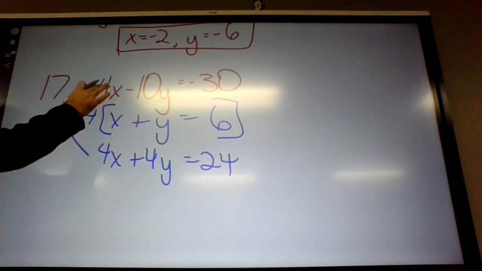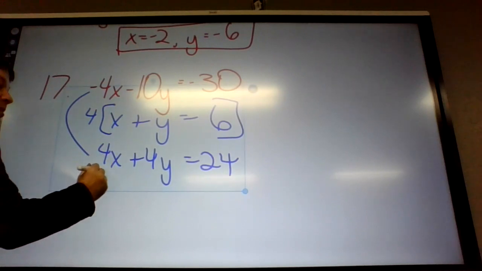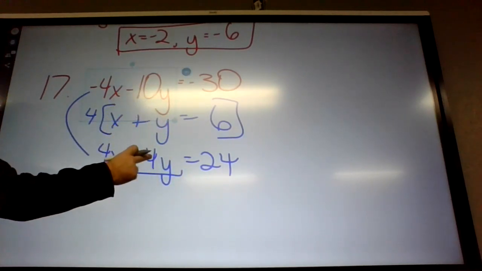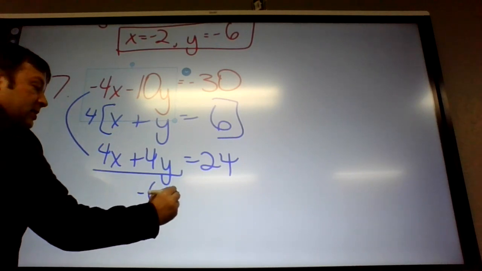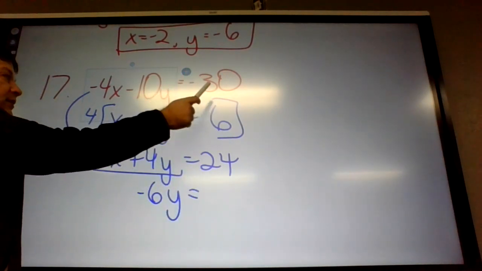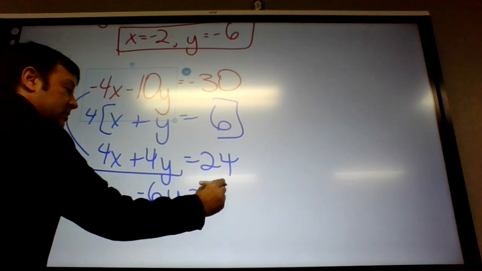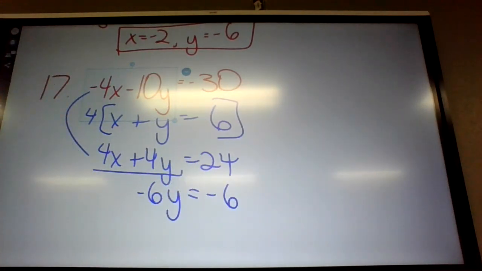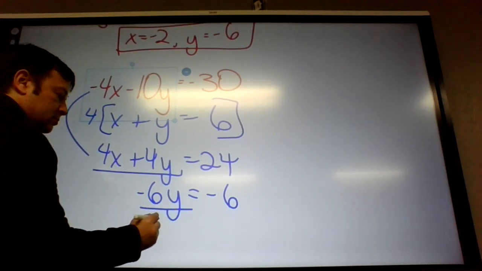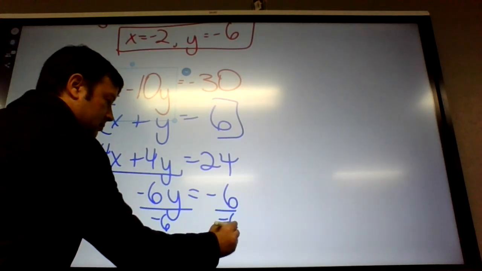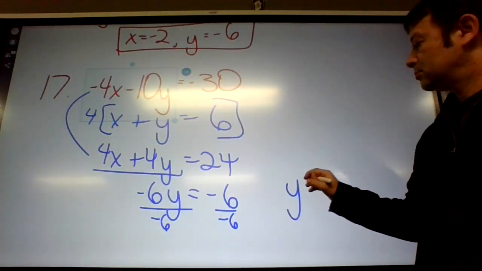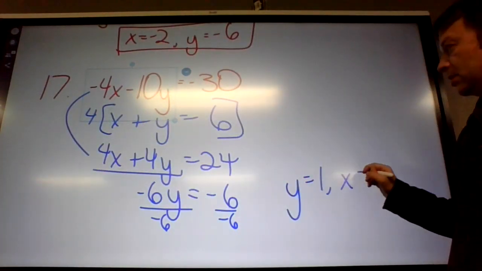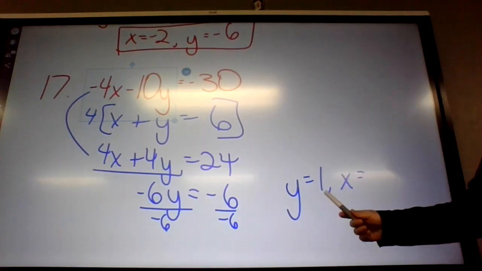So the top line plus the bottom line, x's go away. Negative 10y plus 4y is negative 6y. And negative 30 plus 24 is negative 6. Okay, so y is 1.